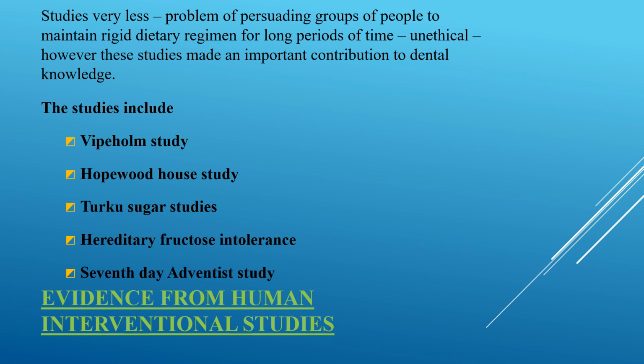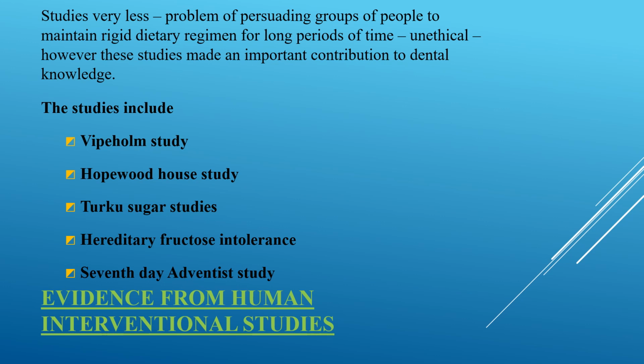Problems of persuading groups of people to maintain a rigid dietary regimen for a long period of time. This is evidence from human interventional studies. We have these few studies: the Vipeholm study, the Hopewood House study, the Turku sugar studies, hereditary fructose intolerance, and the Seventh-day Adventist study.